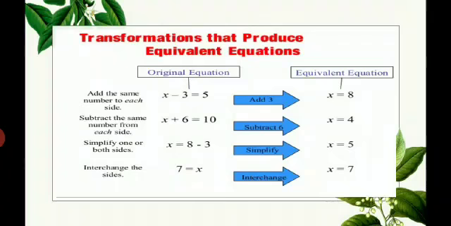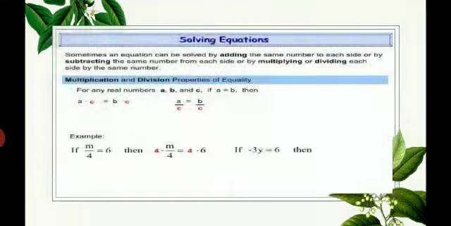How can you solve it? 6 is plus here. When it moves to the other side, its sign will be minus. So x is equal to 10 minus 6, and the answer is 4. And in the last, 7 is equal to x. This is the way you can find the value of x.